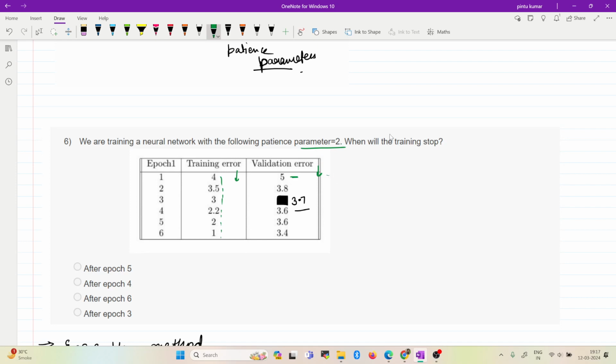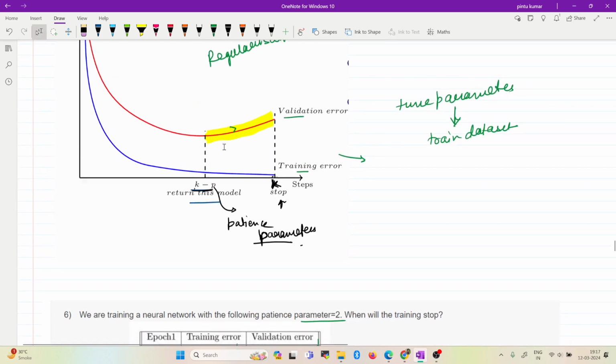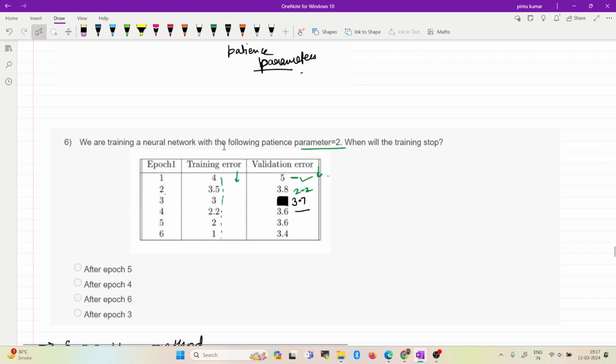We can't go back, so we'll just continue. If we look at epoch 2 and the patience parameter is 2, I look at 2 minus 2. I look at these two losses. I see that my validation loss is also decreasing, so I'm fine with it.